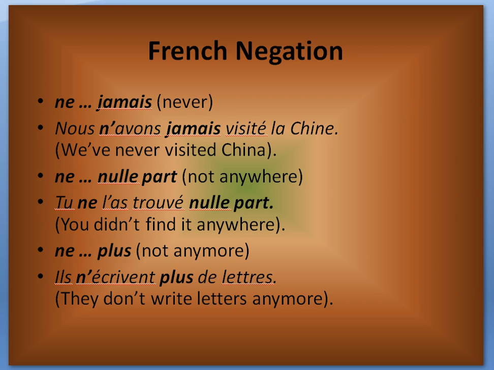First is ne before the verb, and jamais, plus come after the verb just like pas. But nulle part comes right at the end. So nulle part is an exception. Here, instead of coming after the conjugated verb, nulle part comes right at the end of the sentence.